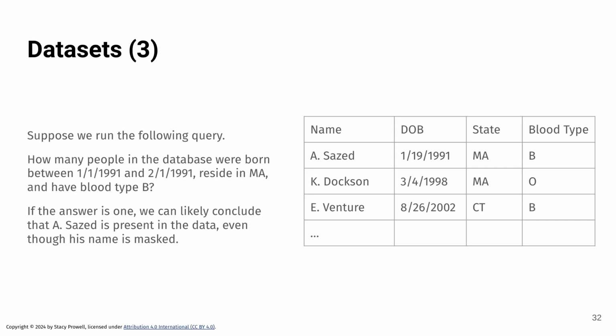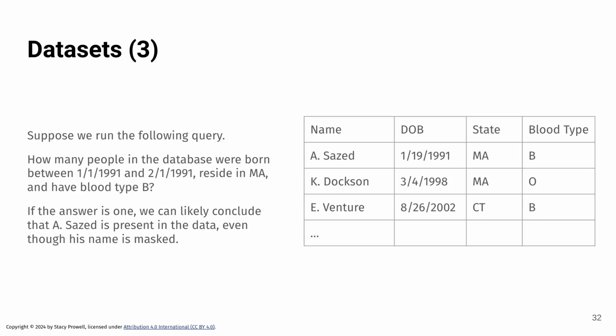We might say, how many people in the data set were born between January 1st, 1991 and February 1st, 1991, reside in Massachusetts, and have blood type B? If we know those things about, for example, Cezanne, we can figure out if he has been diagnosed because we can figure out if he's in the database.